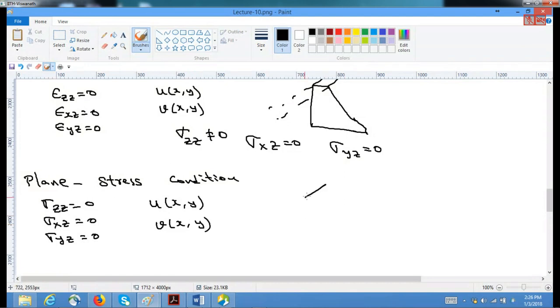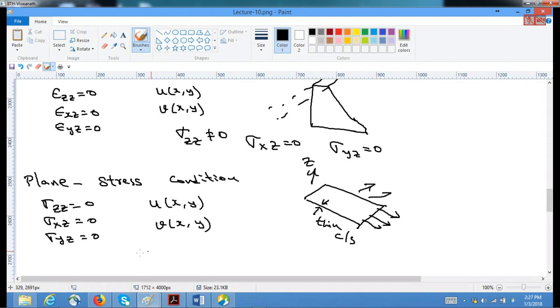But in this case, we are analyzing a very thin cross section. In the thin cross section, let's say this is the z direction. There is no variation of things in the z direction because the thickness is very small. Further, the loading is within the plane. That's the reason it is xy.